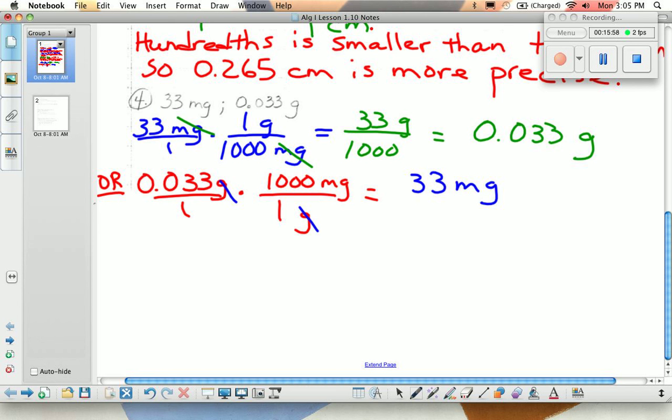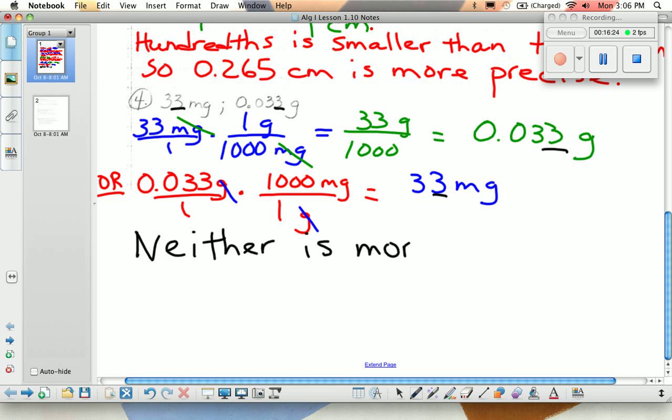It's because in this one, this is to the ones place, and after we converted here, it's to the ones place. That's why they're the same. And same thing here. After we converted, it was to the thousands place, and up here, this one was to the thousands place. That's why we would say neither is more precise.